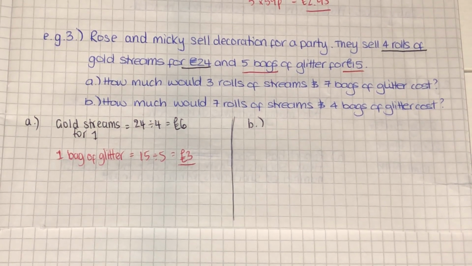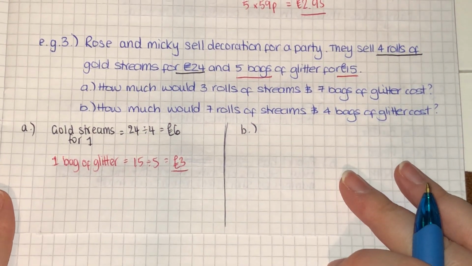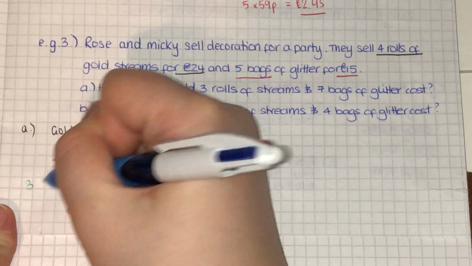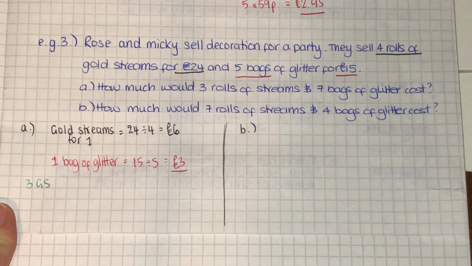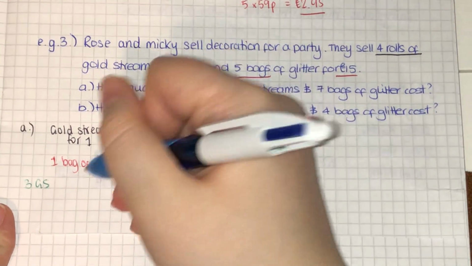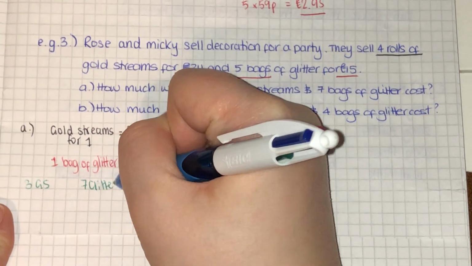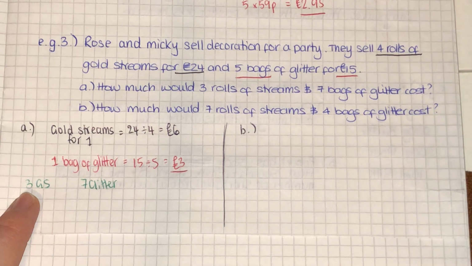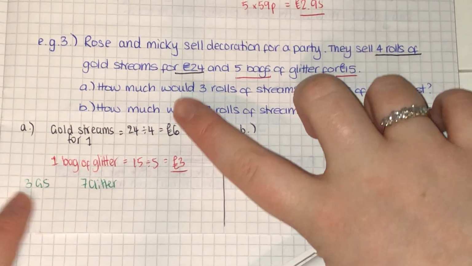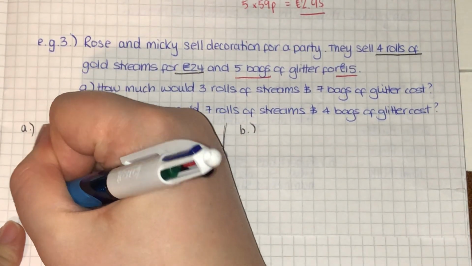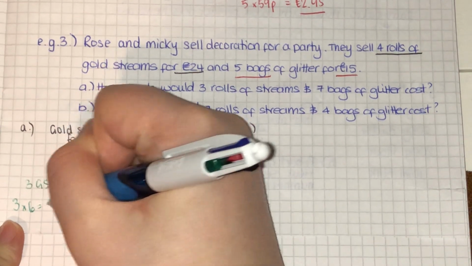I'm going to do this in green. So for part A, we want 3 of the gold streamers and we want 7 of the glitter. Okay, so for the 3 lots of gold streamers, we know that 1 is 6, so 3 of them is going to be 3 times 6, which is 18.